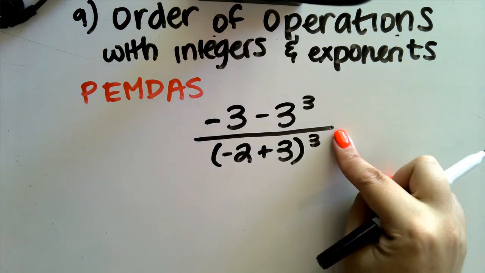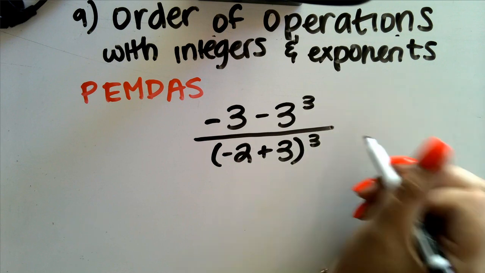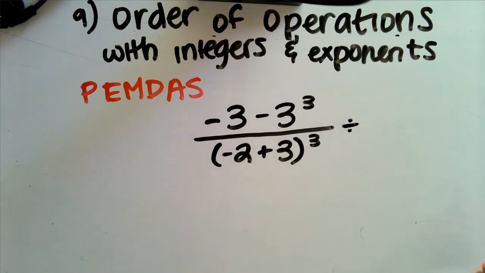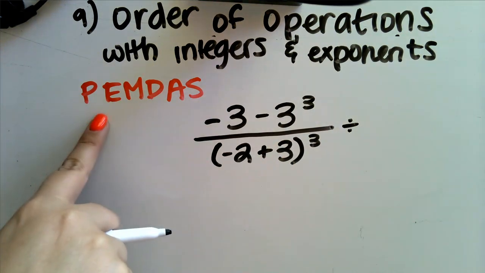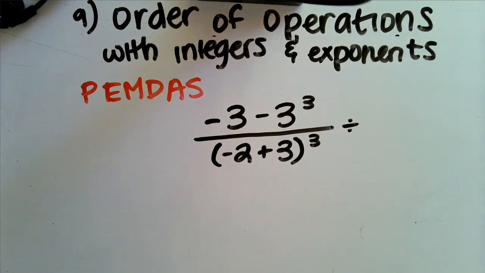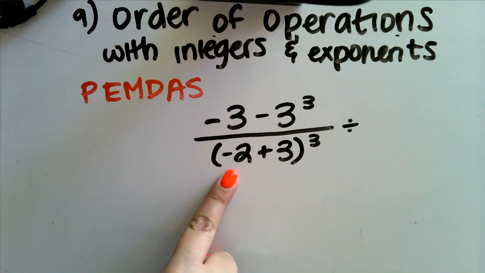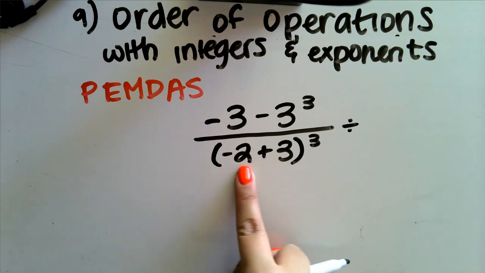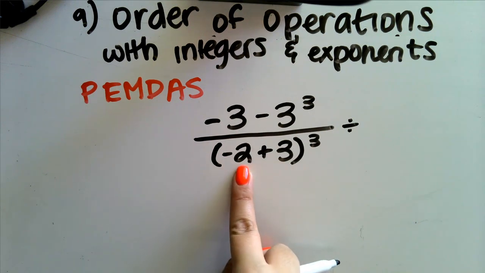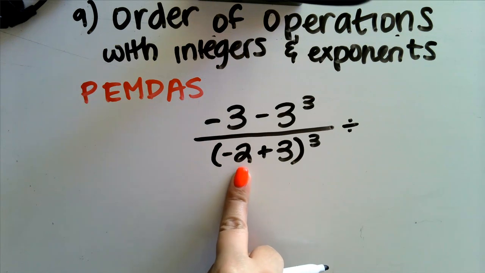Now this one might look a little extra scary. We got a fraction going on. But just remember, a fraction is the same thing as a division problem. So let's start with our parentheses, because that is the first step in our order of operations. And I see down here in my denominator that I have some parentheses. I have some operation that needs to be done inside my parentheses.